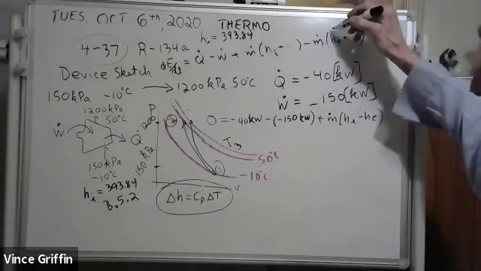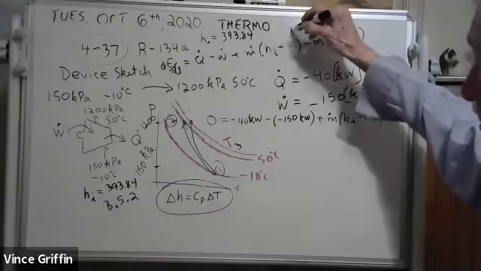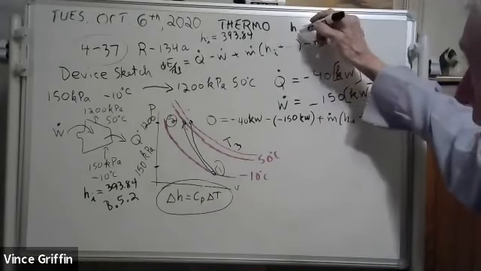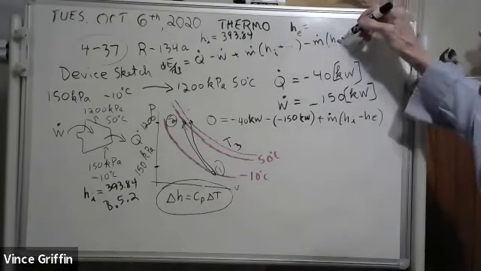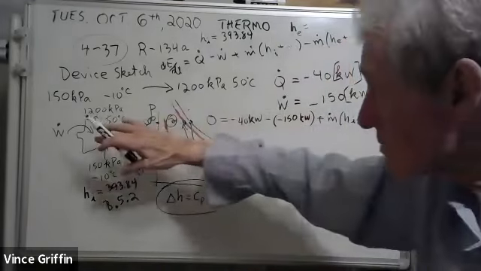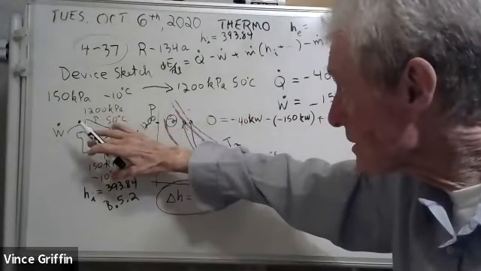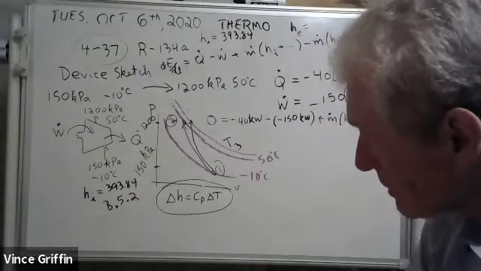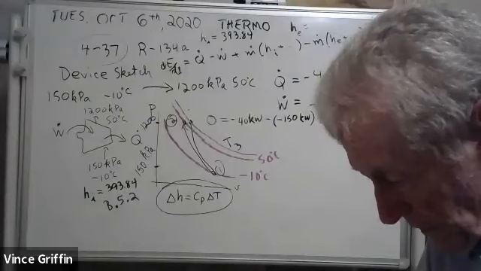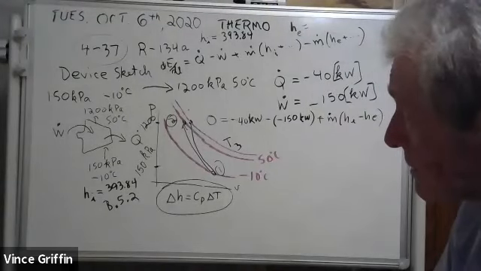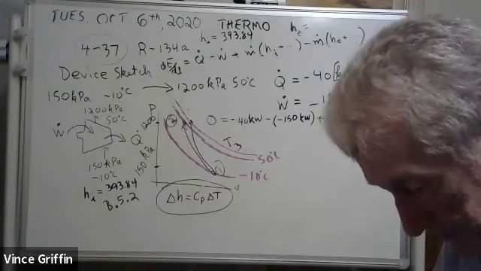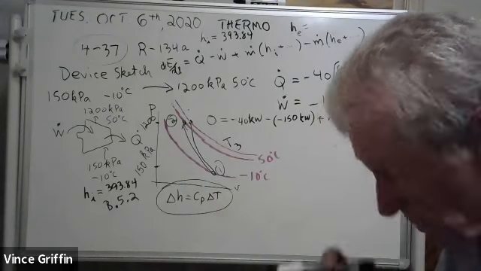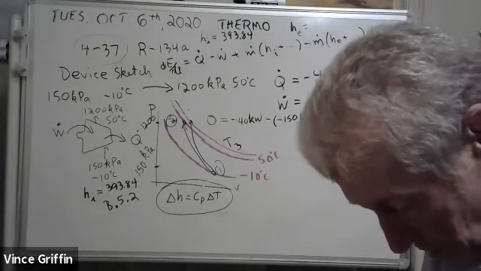Now let's find this h_e here. In this equation, we need the exiting specific enthalpy, that little e stands for exiting. What we want is 1200 kilopascals, R134a, same table, B.5.2, 1200 kilopascals, 50 degrees Celsius.